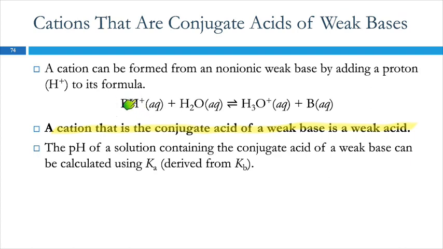Then this can act as an acid, and the pH of the solution can be calculated using Ka. Because this is from a base, what you're going to find in the tables is Kb, because it's most likely a stronger weak base than it is an acid. Same process that we just went through with the anions.